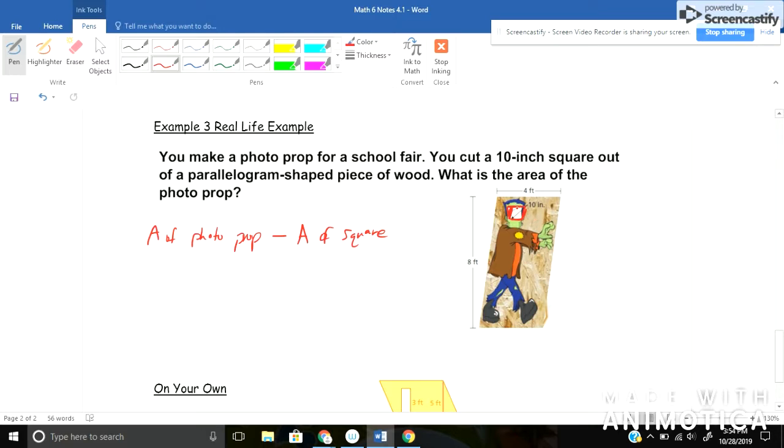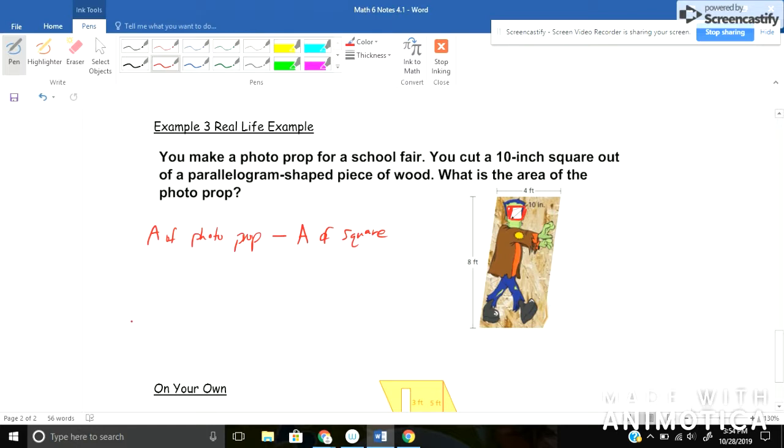Well, there's nothing here because that got cut out. So we need to subtract that. Well, the photo prop is a parallelogram, so we need to take our base, which is 4, times our height, which is 8, giving 32.